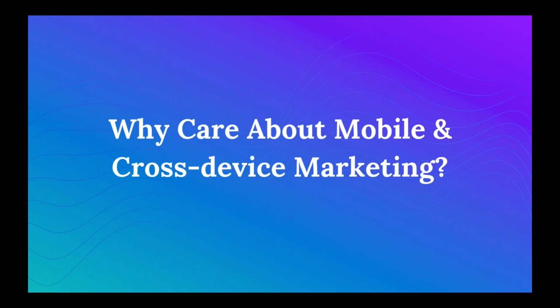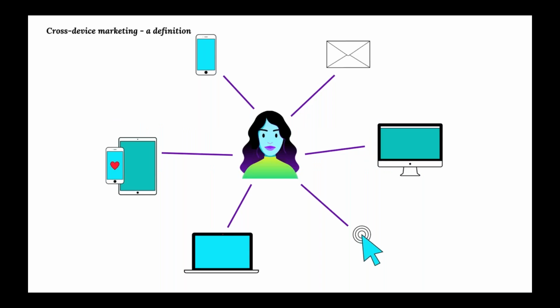So first, we'll start with why even care about mobile or cross-device marketing. Now, I wanted to start with a definition of cross-device marketing, which many of you may already know, but essentially, it's a little bit different than cross-platform. Cross-device means your ads are reaching users not only on desktop, but also on devices such as tablets and phones, and increasingly, as we're becoming more and more sophisticated, moving to things like smart TVs, even virtual reality headsets, or within games, and even now smart refrigerators.